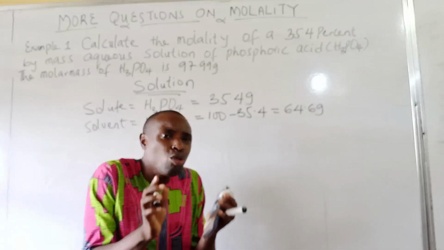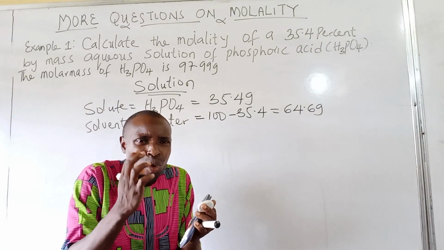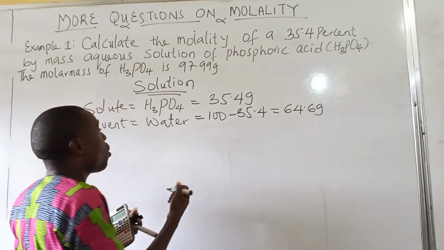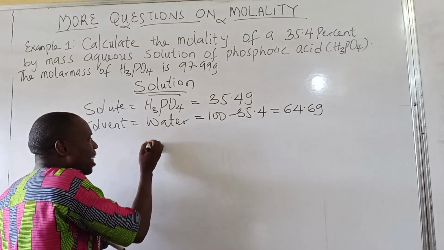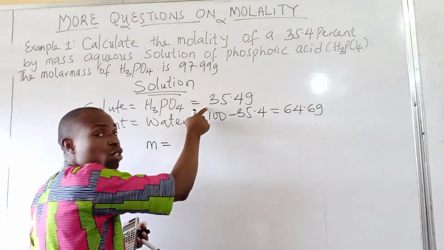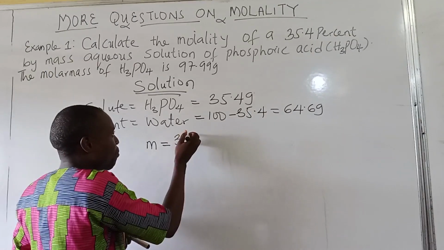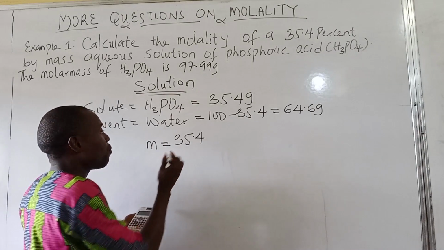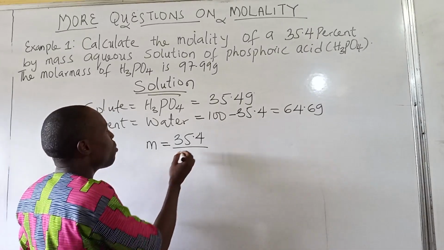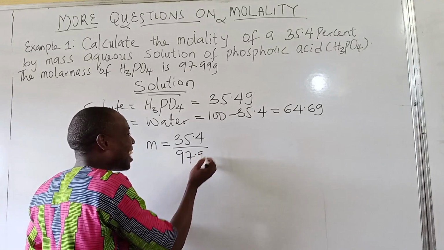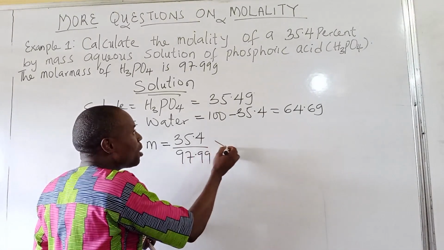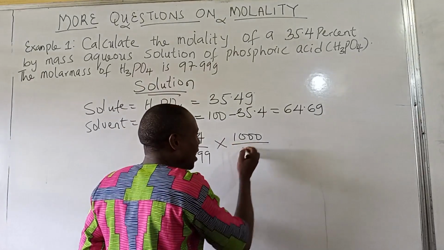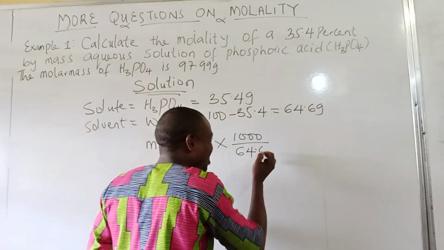So the ability to see a question and envisage, to analyze it, is what gives us the answer. And if that is done, then the answer will come out. Molality is equal to the mass of the solute, which is 35.4, over the molar mass given to us, 97.99, multiplied by 1000 over 64.6.